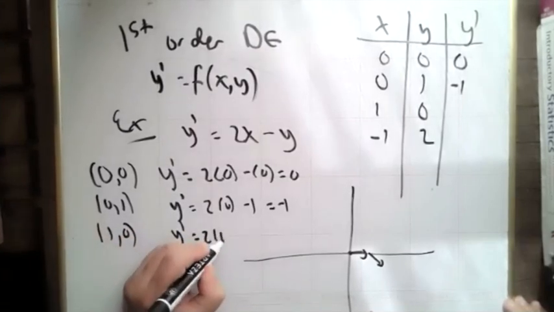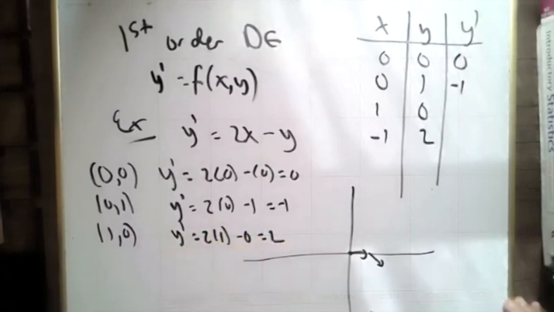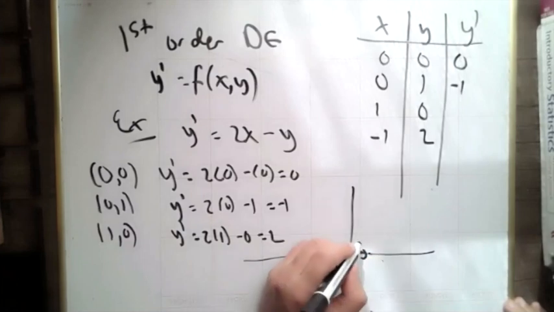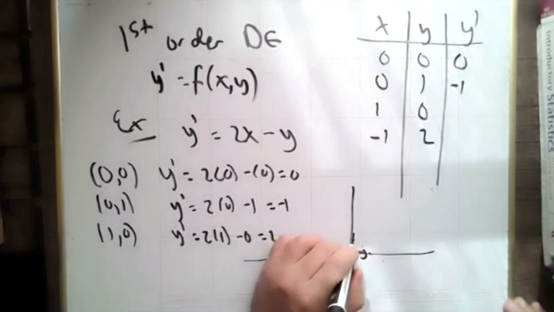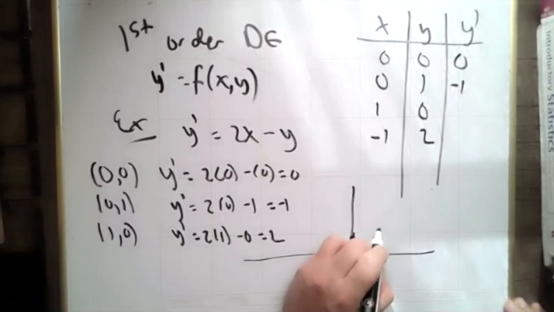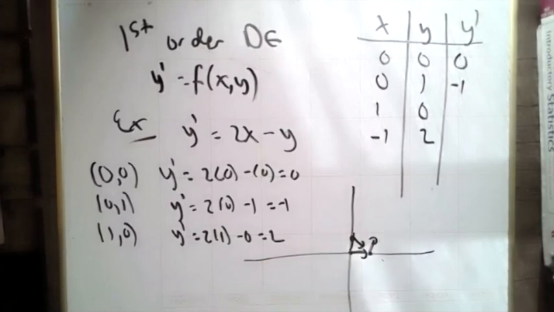So 2 times 1 minus 0 will be 2. Oh, I plotted that in the wrong spot, didn't I? (0, 1) would be here. Sorry. (1, 0) has a slope of 2. So I'm just kind of estimating that. I'm trying to keep these all the same length.